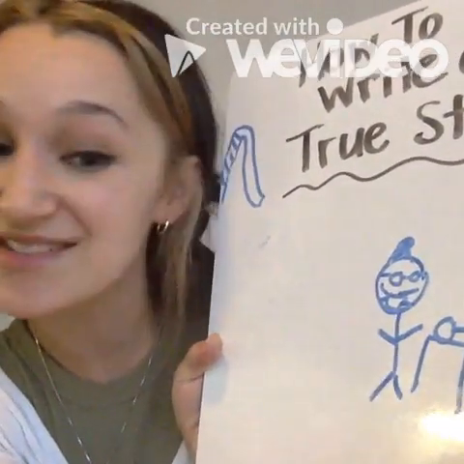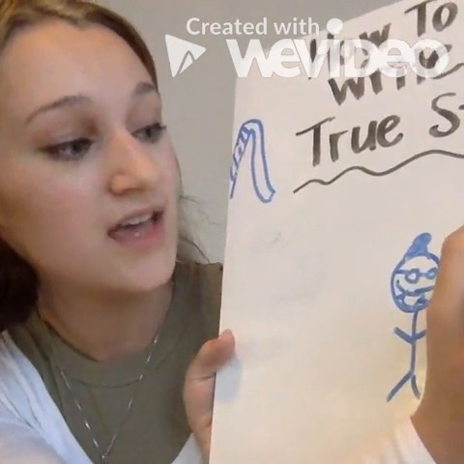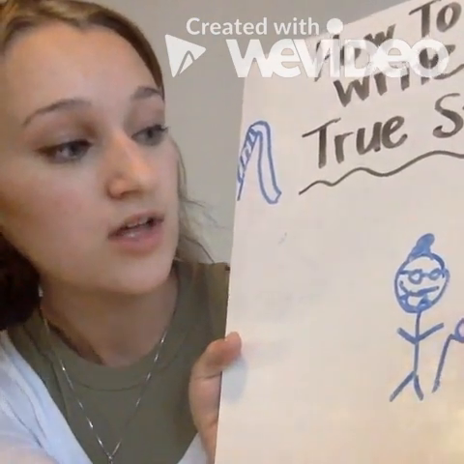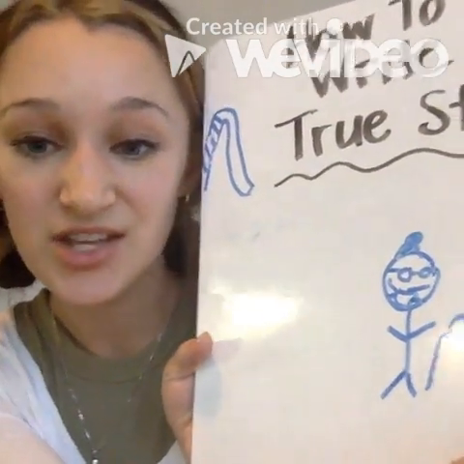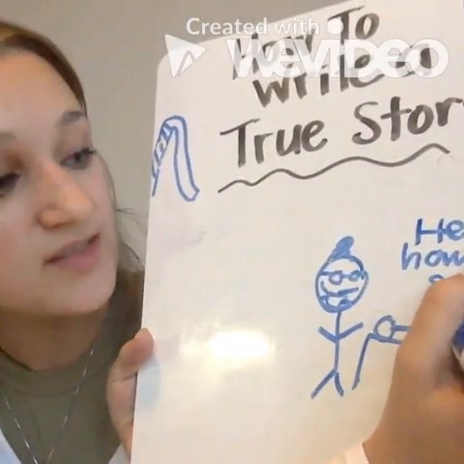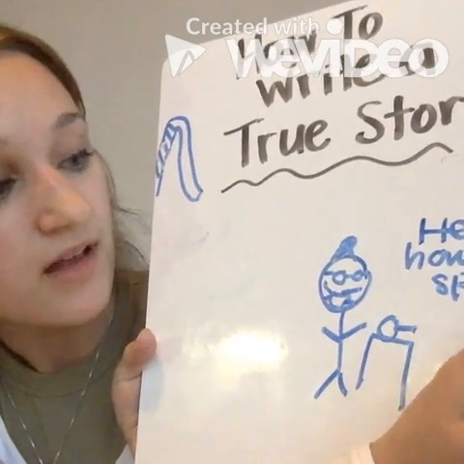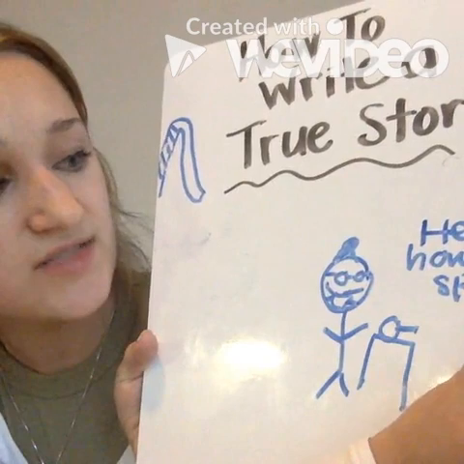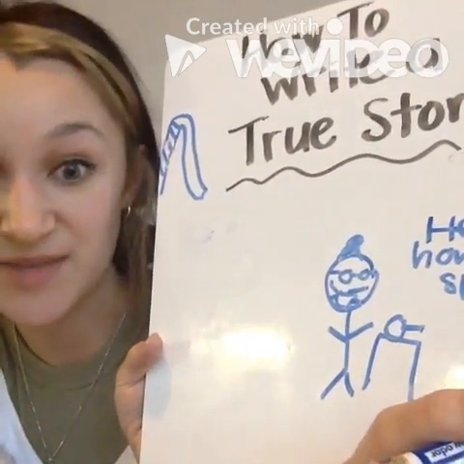Is there a Z in is? Nope. You can't fool me. It's an S. Here is how you, Y-O-U says you. Here's how you spell apple. Okay, that was kind of a long sentence, friends. So it's a good thing that I wrote it all down before I made my speech bubble.